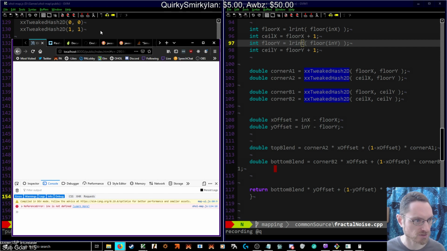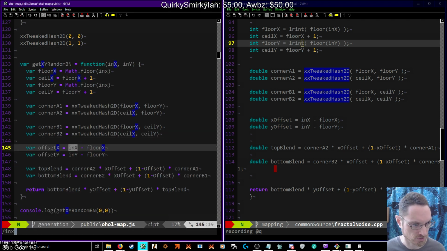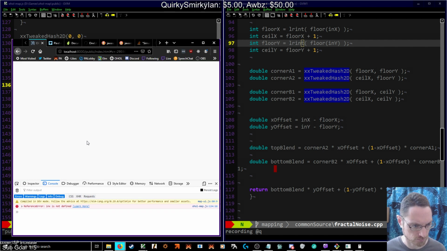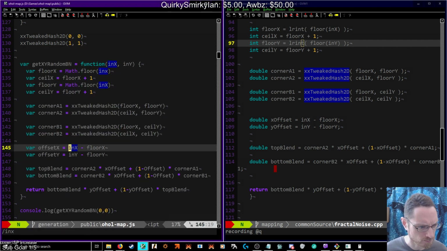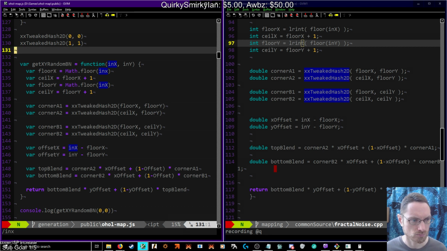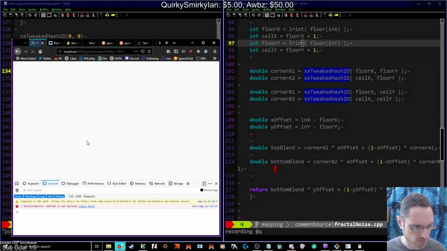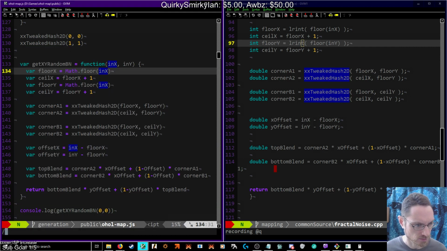Reference error, index is not defined. I missed that one. X offset is not defined.